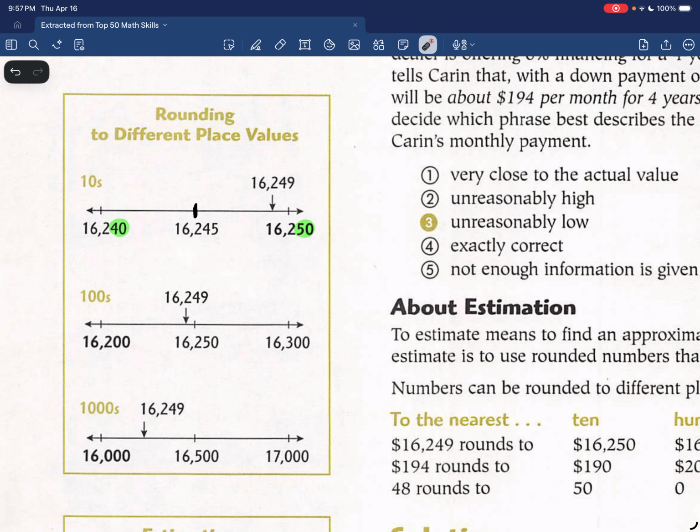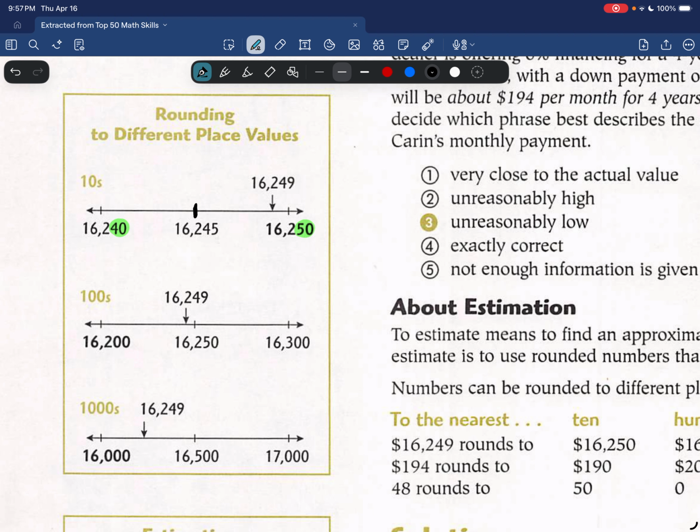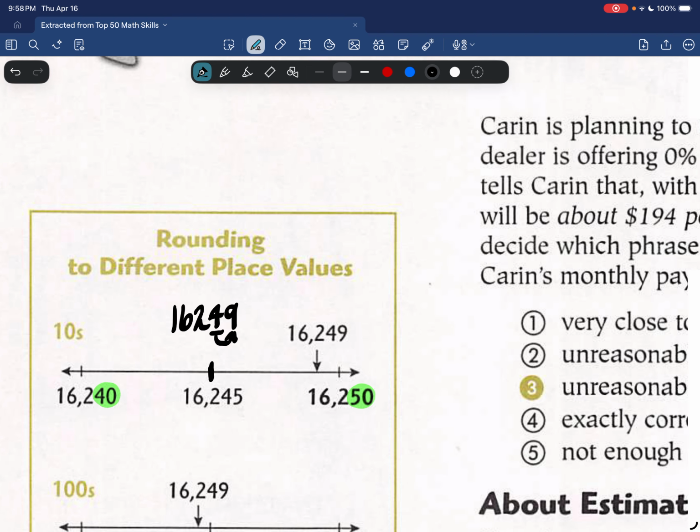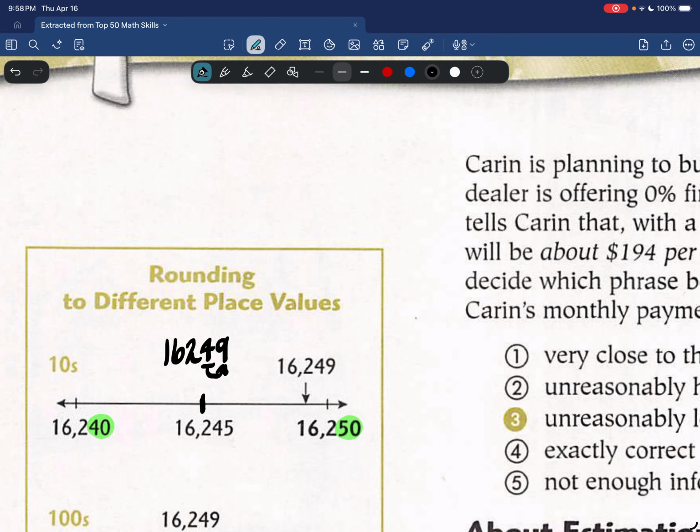So here's how I think about this one. I take my number, 16,249, and I underline the tens place because that's what they want me to consider. And I look to the neighbor on the right, and I follow the rounding rule. And the rounding rule to me looks like this.